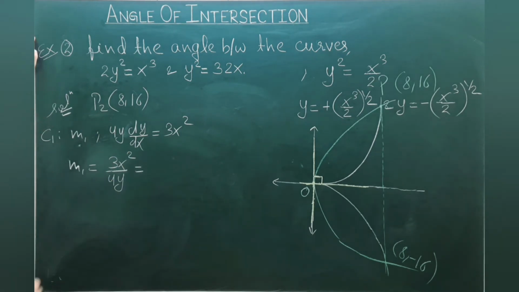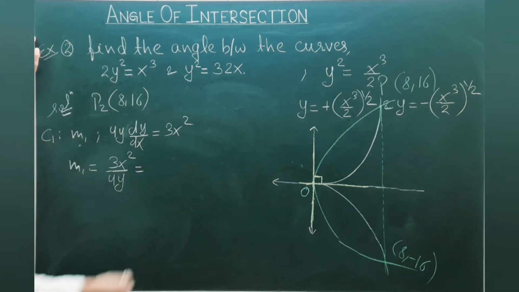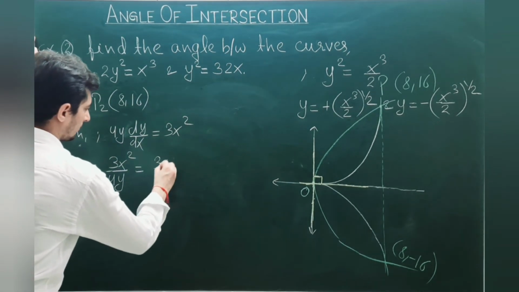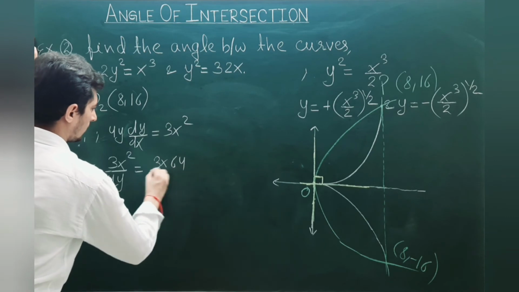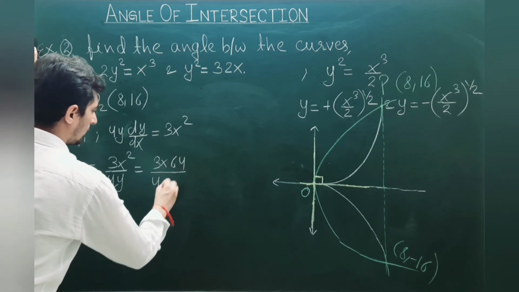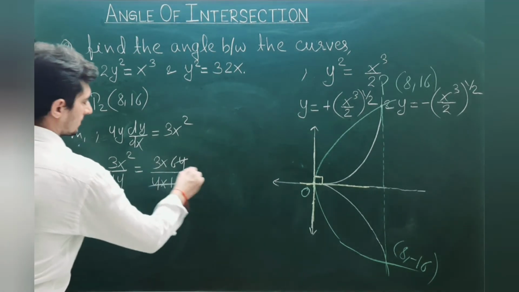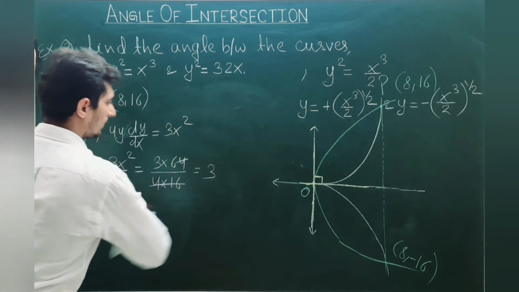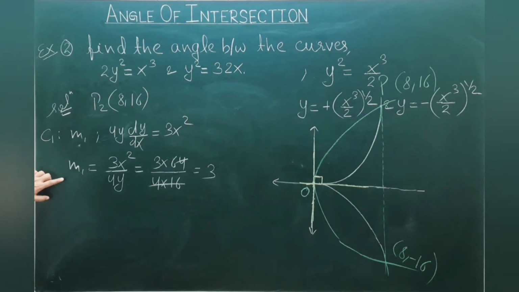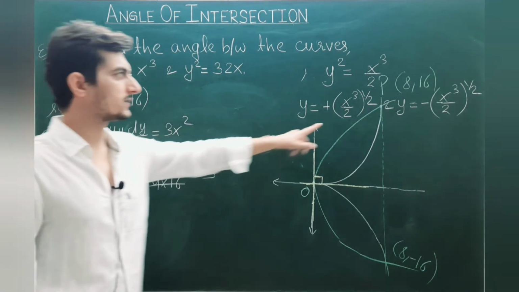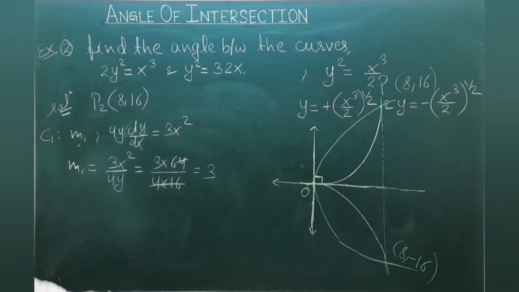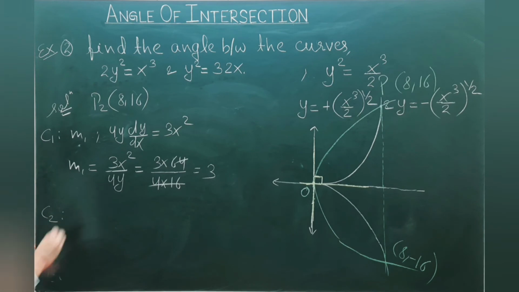You know the values of x and y. x is 8, so it is 3 into 64 upon 4 into 16. So it is 64, 64, which gives 3. Now the slope of the tangent M1 to the curve C1 is 3.